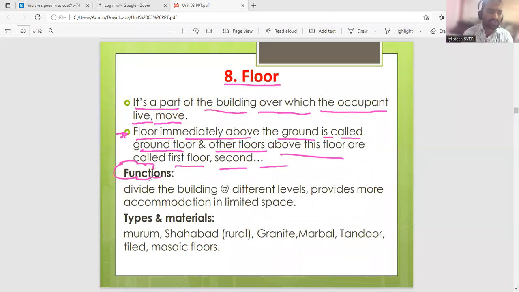Then functions of the floors. It divides the building at different levels. Provides more accommodation in limited space. Types and materials.